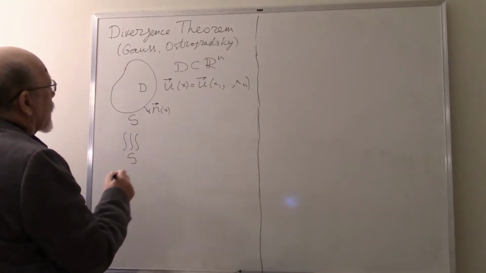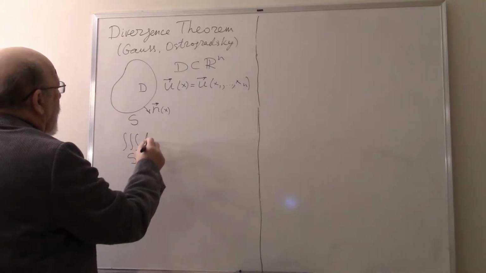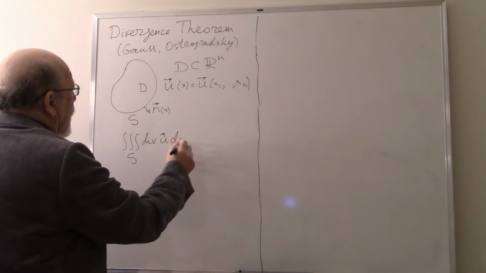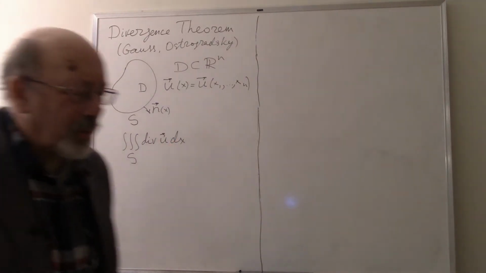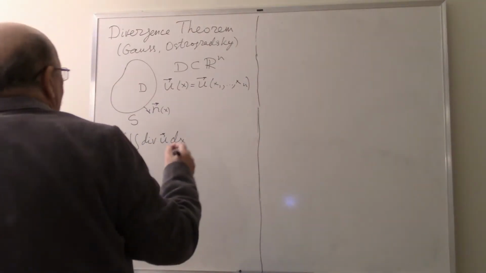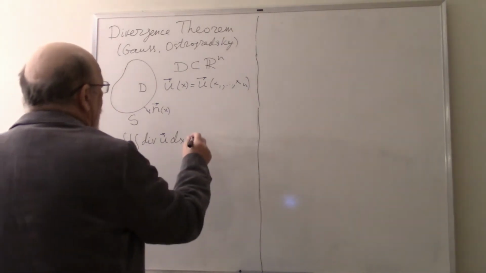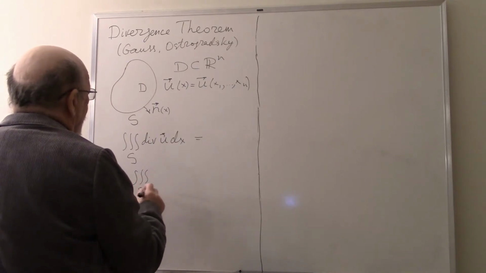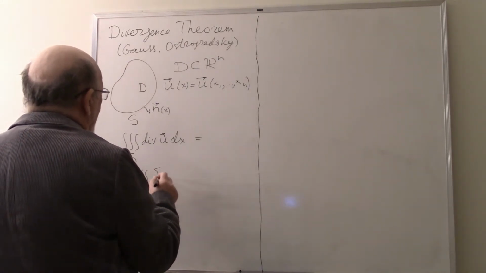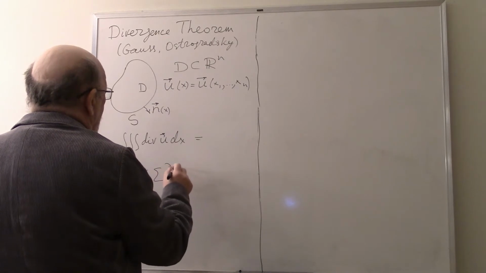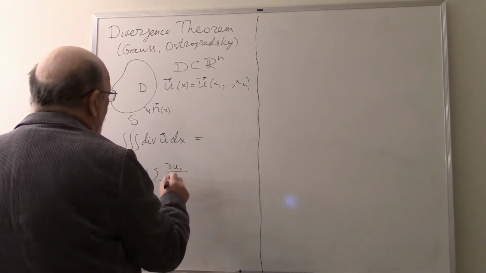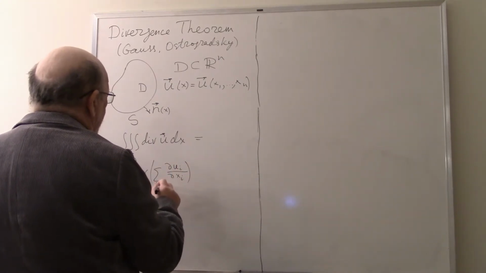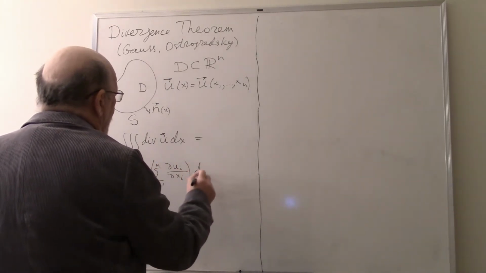over D, divergence U dx. So divergence U equals the integral over D of the sum of dui/dxi, i from 1 to n, dx.